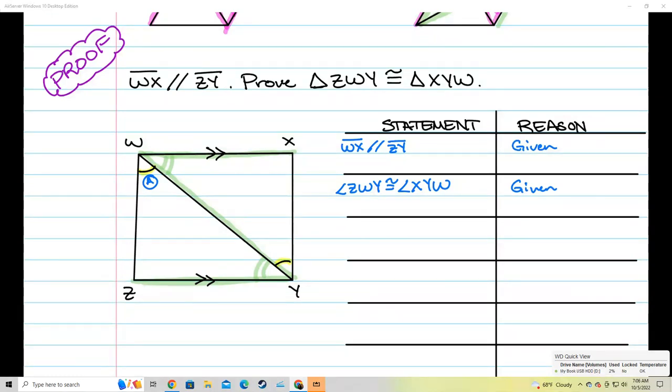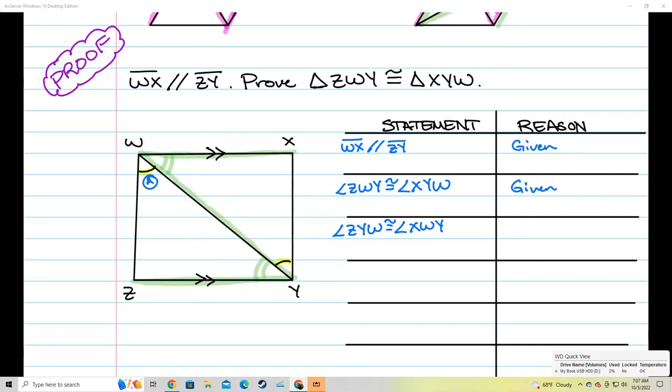So let's go ahead and write down what those angles are. This first one is going to be angle ZYW. ZYW went from the corner to the green to the yellow. Angle ZYW is congruent, and I'm going to do the same thing. So I'm going to start from the corner to the green to the yellow. That's going to be angle XWY. I'm sorry, angle XWY.